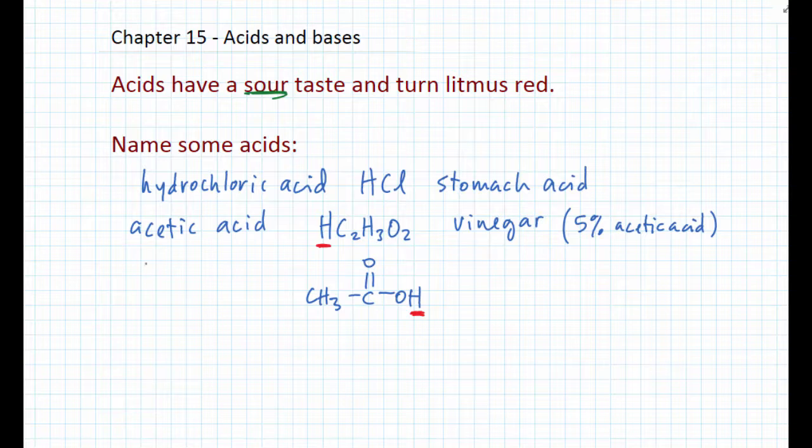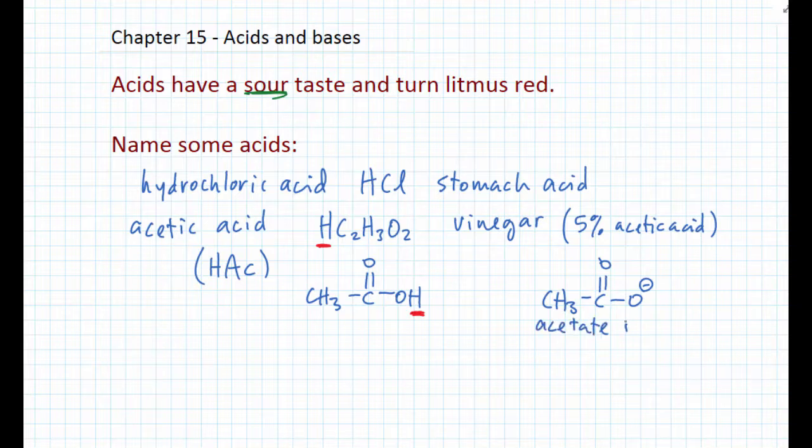So we see HAc written very commonly. I'm going to put that in parentheses as an abbreviation because the acetate ion is abbreviated Ac minus.